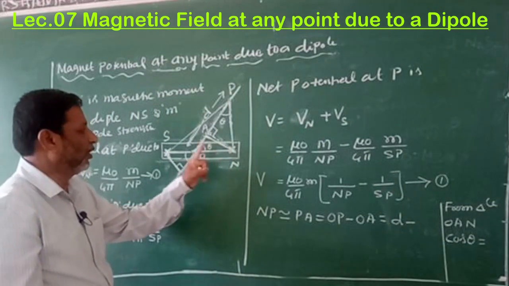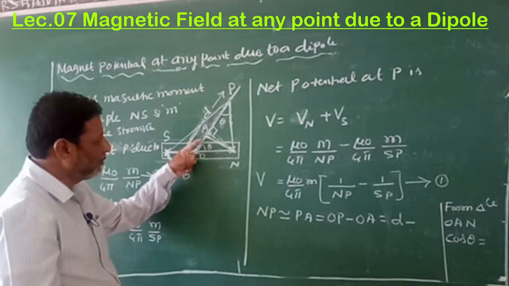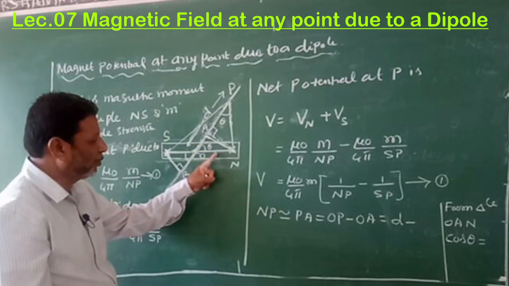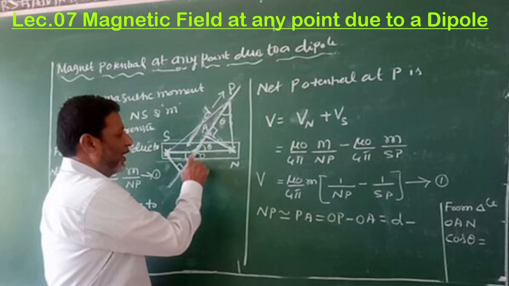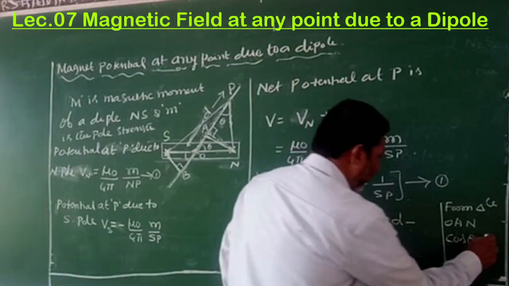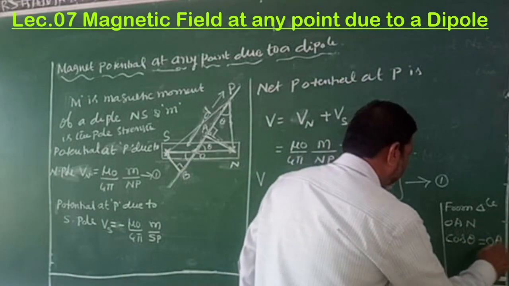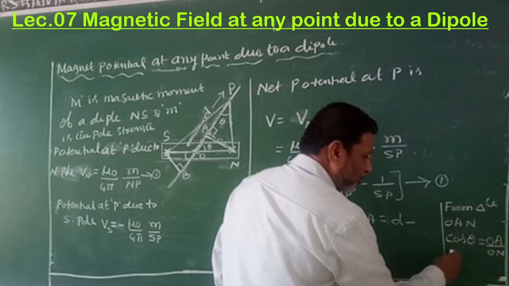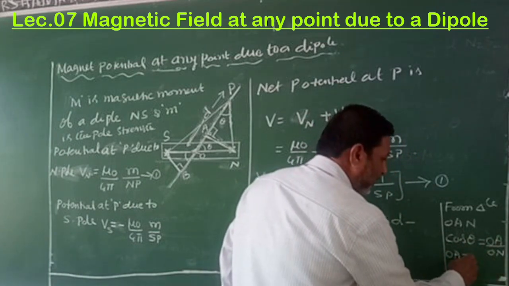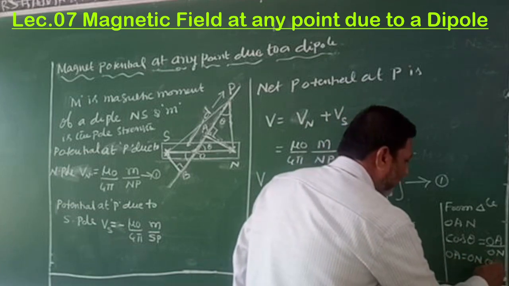This is the angle, this is the adjacent side and this is the hypotenuse. Therefore, cos theta is equal to OA divided by ON. You want the value of OA, so you cross multiply: OA is equal to ON cos theta.